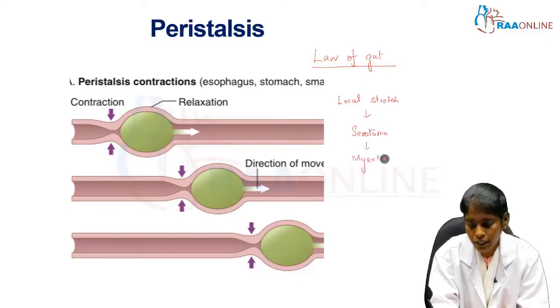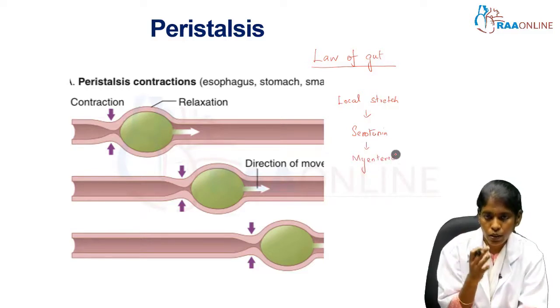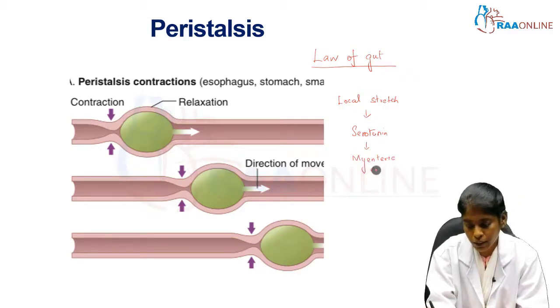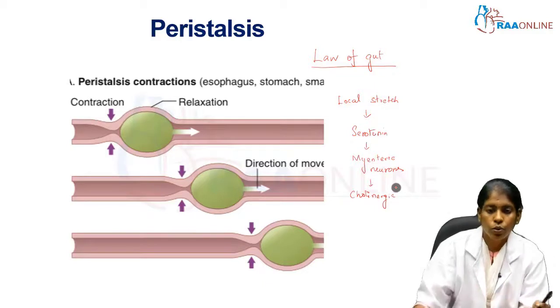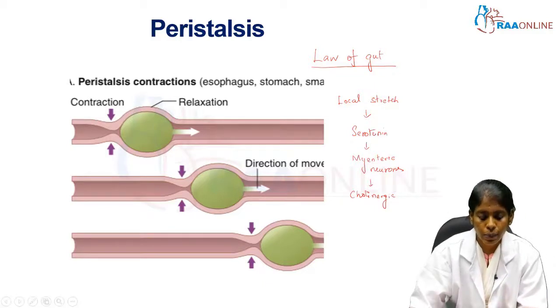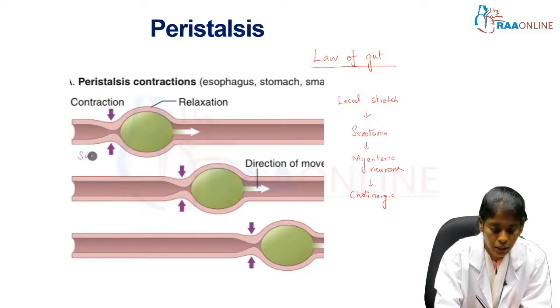This myenteric plexus is present between the circular muscle layer and the longitudinal muscle layer of the gut wall. So the myenteric neurons will be stimulated. These myenteric neurons contain cholinergic neurons. The cholinergic neurons that are present behind the bolus will secrete the neurotransmitters substance P and acetylcholine.